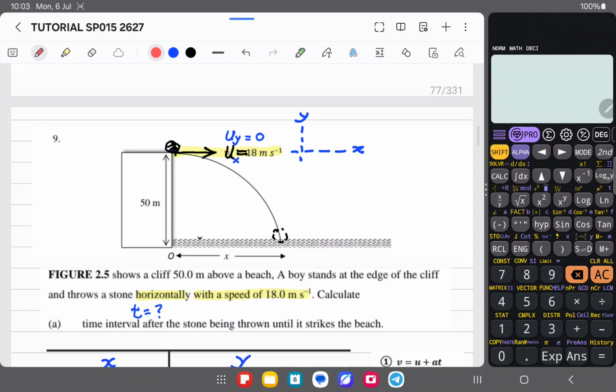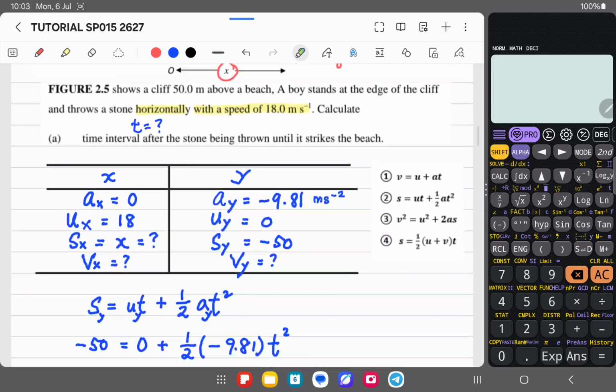Then you can see the stone is going to drop, moving downwards 50 meters, and moving forward x before it lands on the beach. So our horizontal displacement is x.